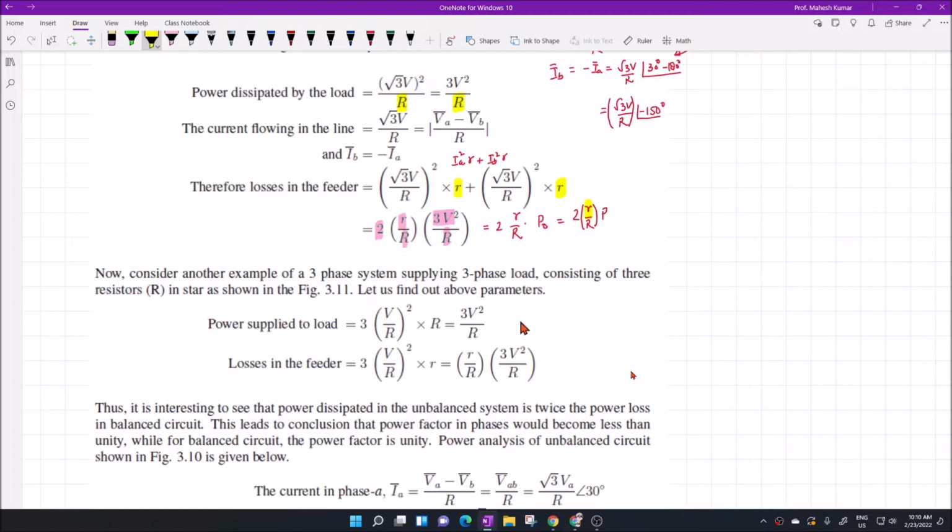And then we can compare this system with a three-phase balanced circuit with the same power output.